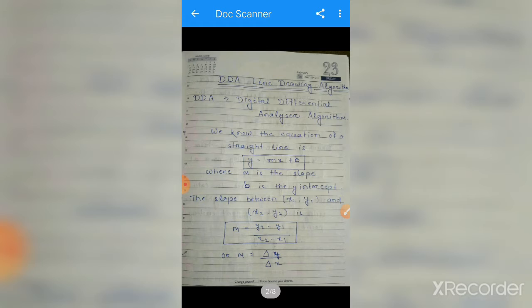Before discussing these algorithms, let us see what mathematical equations we need to use, and then we will go to these algorithms in detail. So, the mathematical equations that we need to draw lines are here.